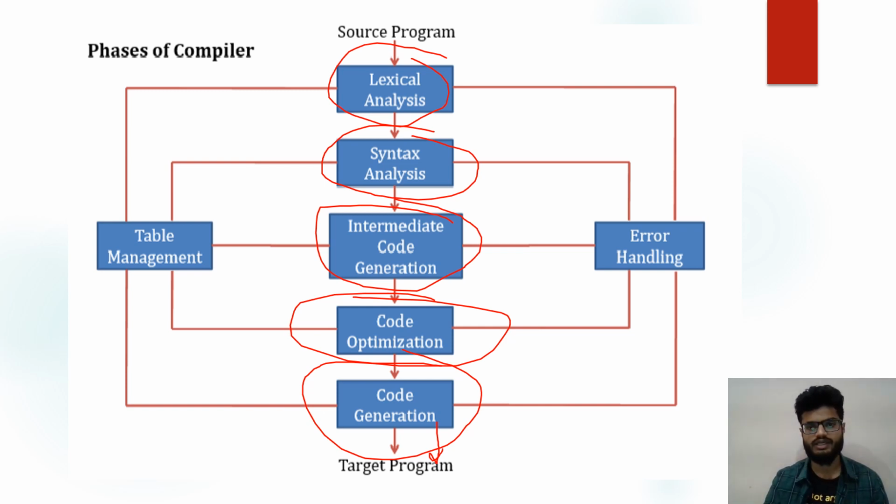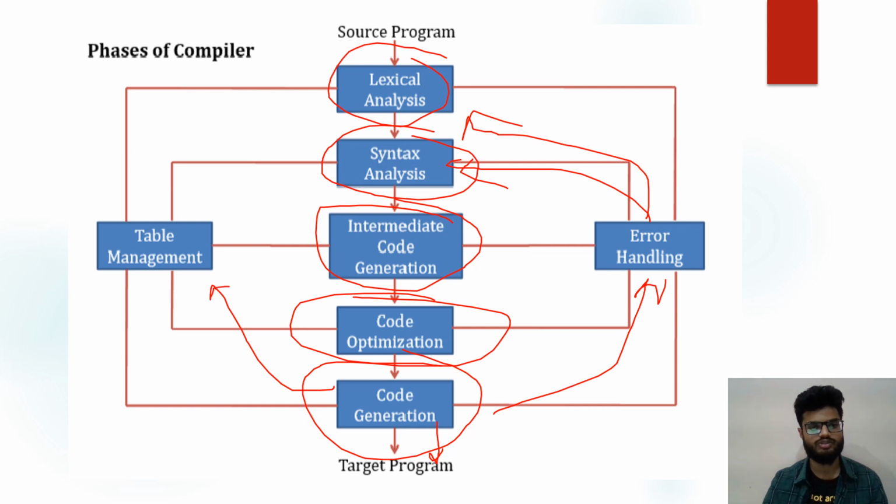Anywhere there is any error, it will be sent to error handling, and again it will go back to the phase where it was located. And there is also table management that will send back to the required destinations.